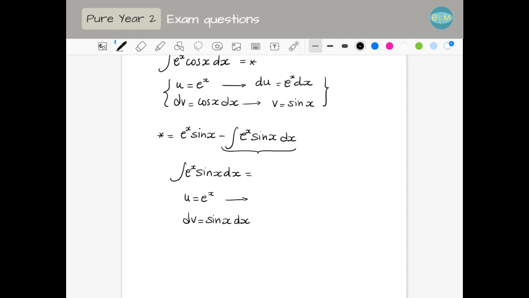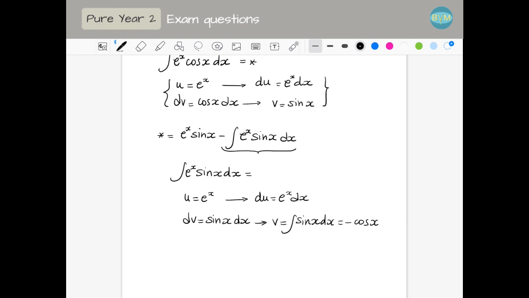So I differentiate this one, so du is e to the power of x dx, and I integrate this one to have v, so the integral of sine x dx, which is minus cos x.